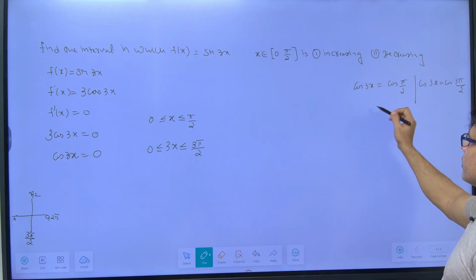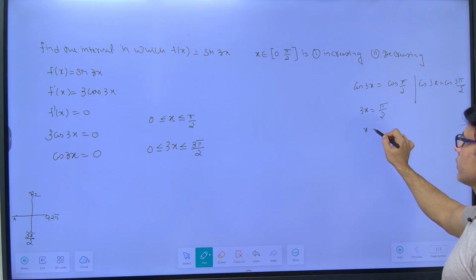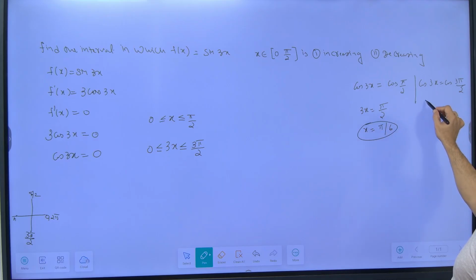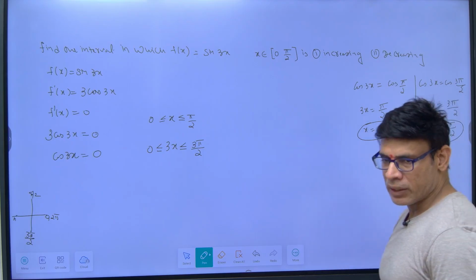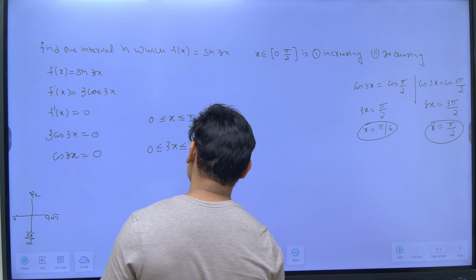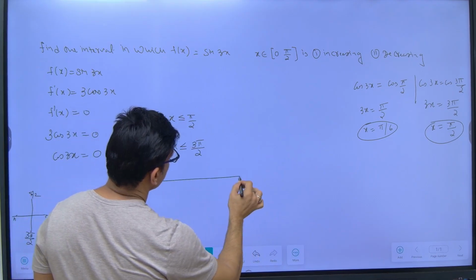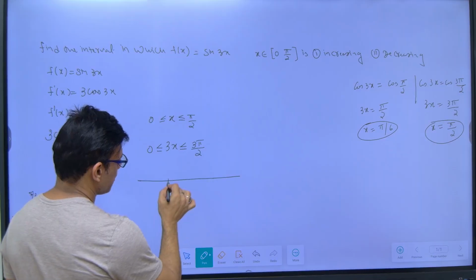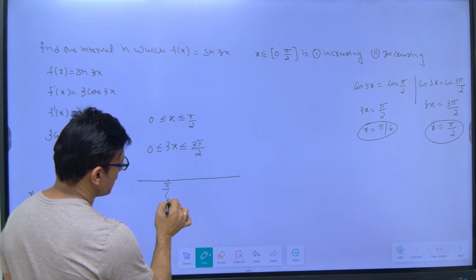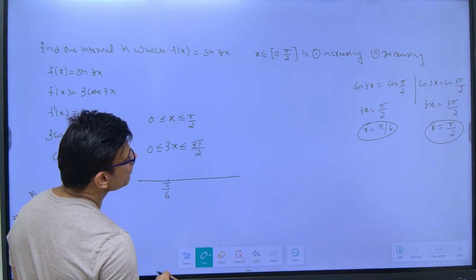If cos 3x is cos pi by 2, so 3x is equal to pi by 2 and x is equal to what? Pi by 6. And here 3x is equal to 3 pi by 2, so x is equal to pi by 2. So you got the interval. Interval means values of x. Where you have got the values of x? Pi by 6 and another value, pi by 2.